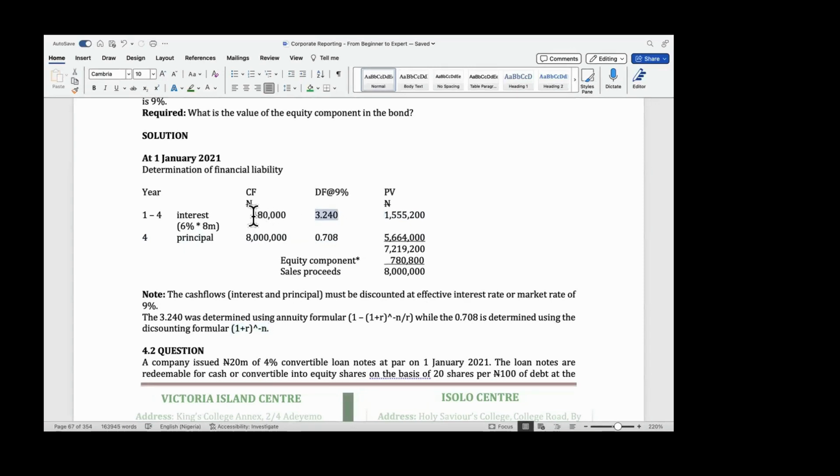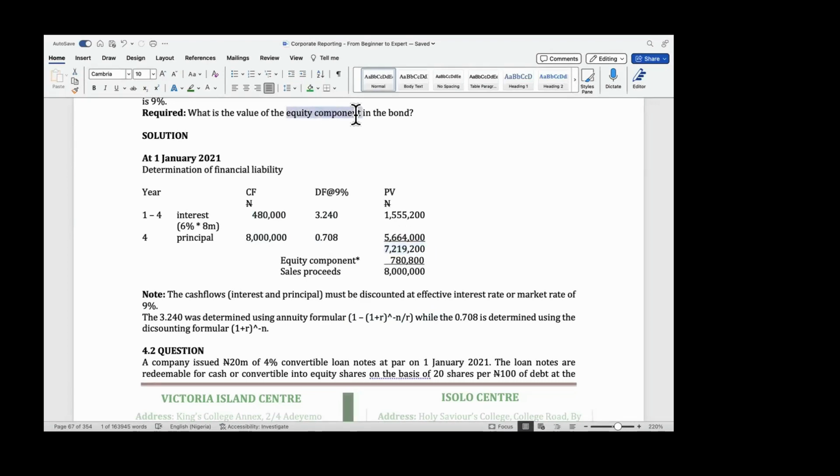This is whenever you want to get the present value of an equal annual amount, you use annuity, which is this. But for this one, we use discounting, which is this. So by the time you multiply 0.708 with this 8 million, we get 5.6 million. When you add these two together, you get 7.2 million. And this 7.2 million is the value of the financial liability.